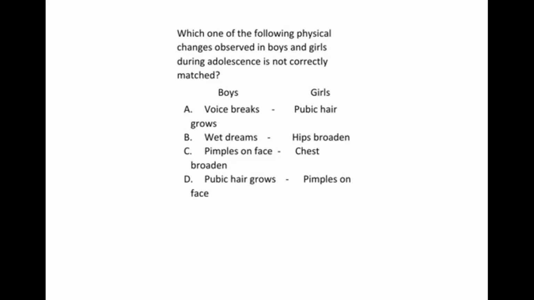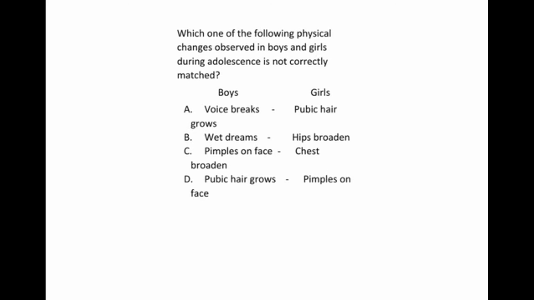Which one of the following physical changes observed in boys and girls during adolescence is not correctly matched? So we have physical changes that occur to boys alone during adolescence. We have also physical changes that occur to girls during adolescence, and then we have others that occur to both boys and girls.